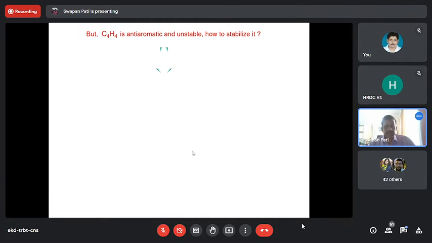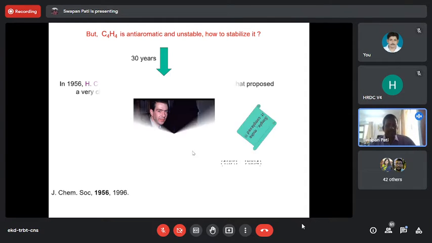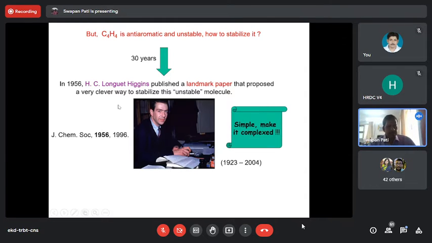How to stabilize it? In fact, after it was discovered, it took 30 years. This professor, H.C. Longuet-Higgins, who was a professor in Britain and passed away recently, in 2004, published a landmark paper. Remember, at that time computers were not there. He was doing it by hand, actually.